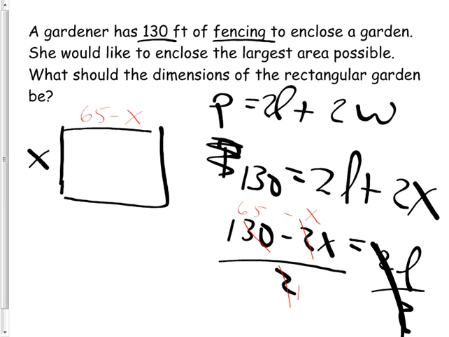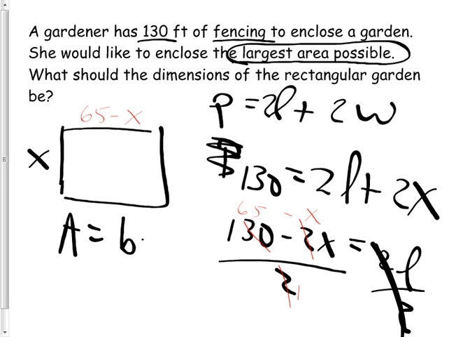Now, watch how this turns into a quadratic. It really is asking about the largest area possible. Well, I'm not sure exactly at this point where this is going, but I know that I need the area, and area is base times height. And the base here is 65 minus x times the height, which is x.